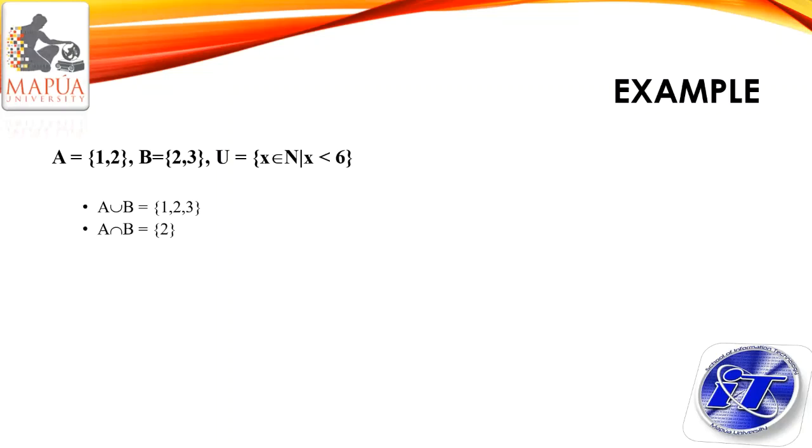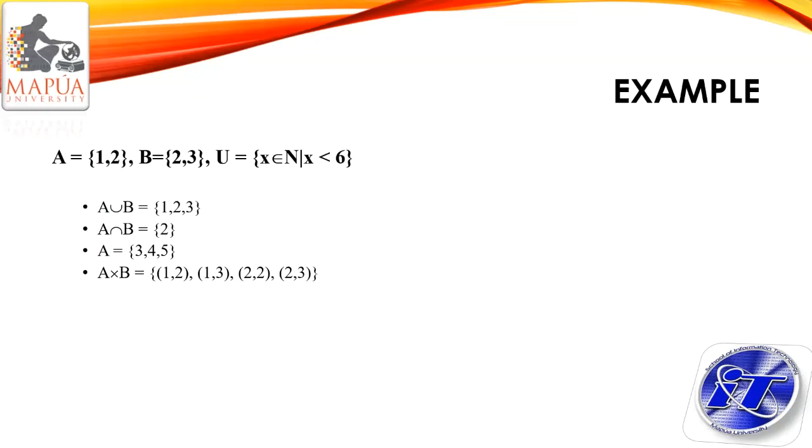And if we're talking about negation, A not means disregarding the elements of A in the universe, and the rest will be part of that negation. Since our universe is 1, 2, 3, 4, 5, removing 1, 2, we have 3, 4, 5 as the complement.